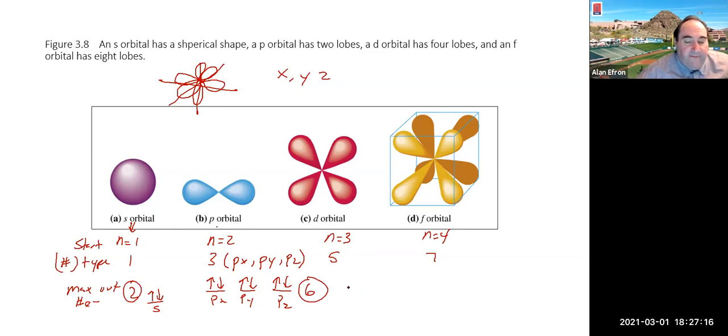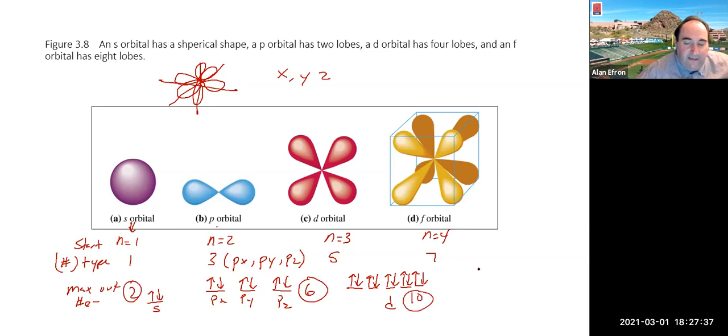Because there's 5 different d orbitals, 2, 3, 4, 5, we can put 2 electrons into each of them. By the way, they go in one at a time, just like this, and then they come back in the other way and fill up. That's how they go in. And we can max out at 10 electrons.